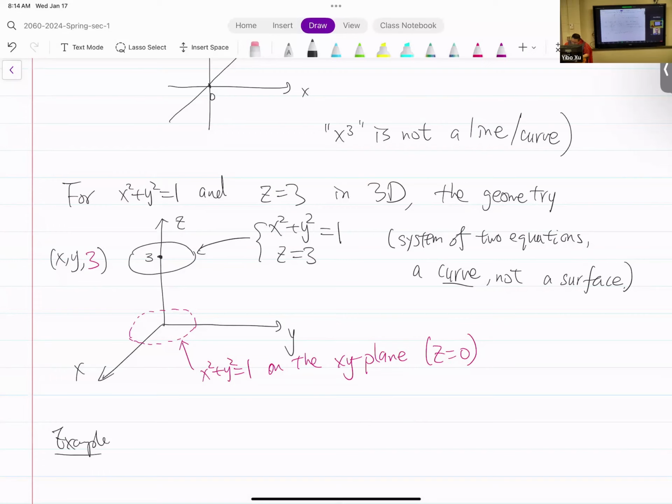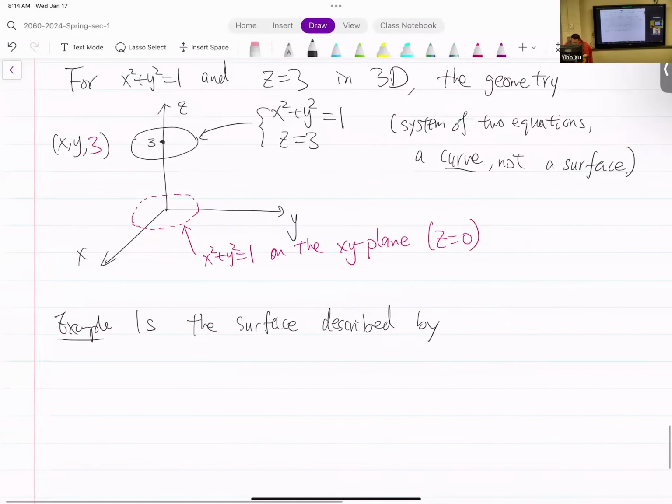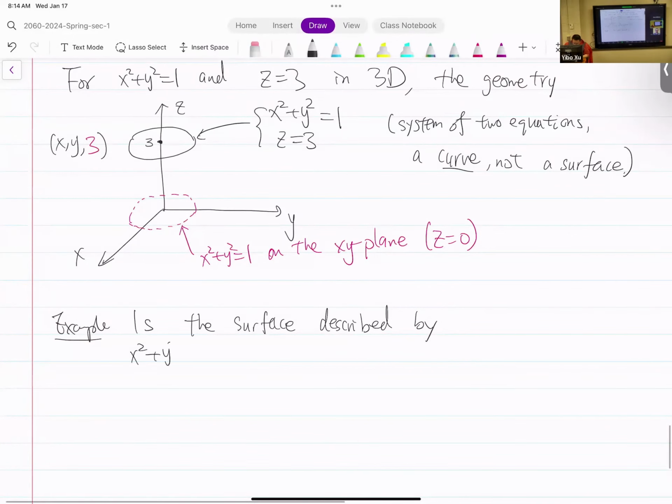The next example, let's look at the following surface described by the equation x squared plus y squared plus z squared minus 2x plus 4y minus 6z equals 39.